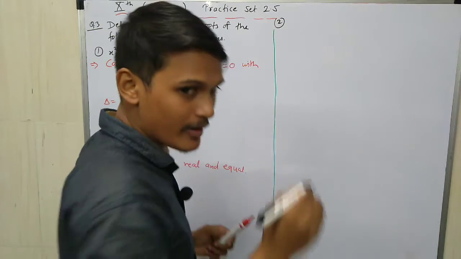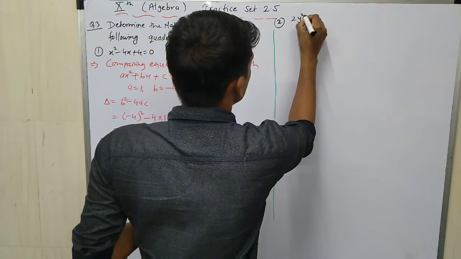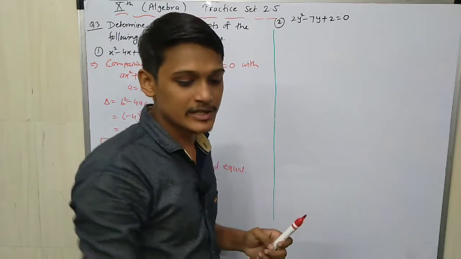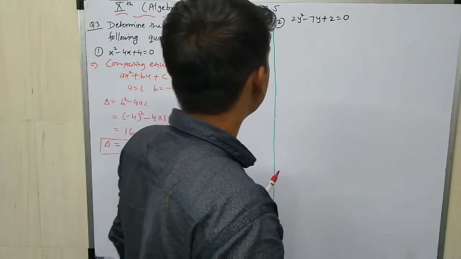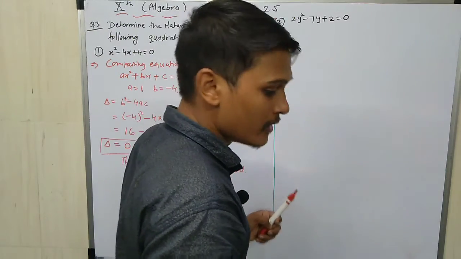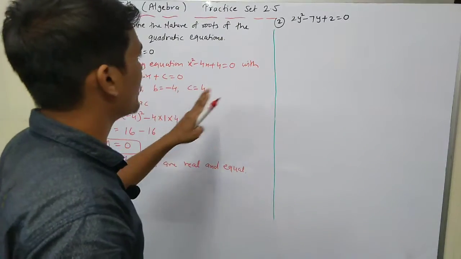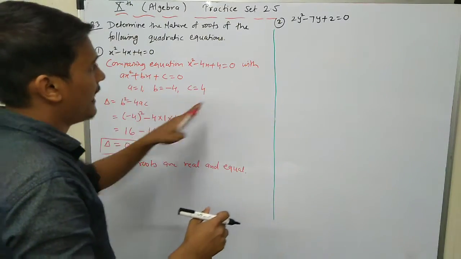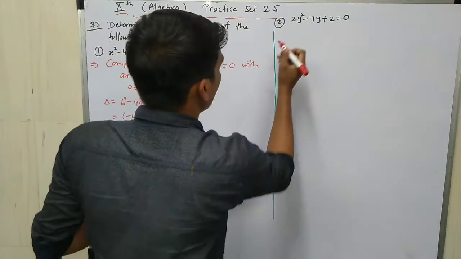2y square minus 7y plus 2 is equal to 0. Understood? Now first, compare the equation, same. Understood? With the standard form, I solve it in shortcut form.